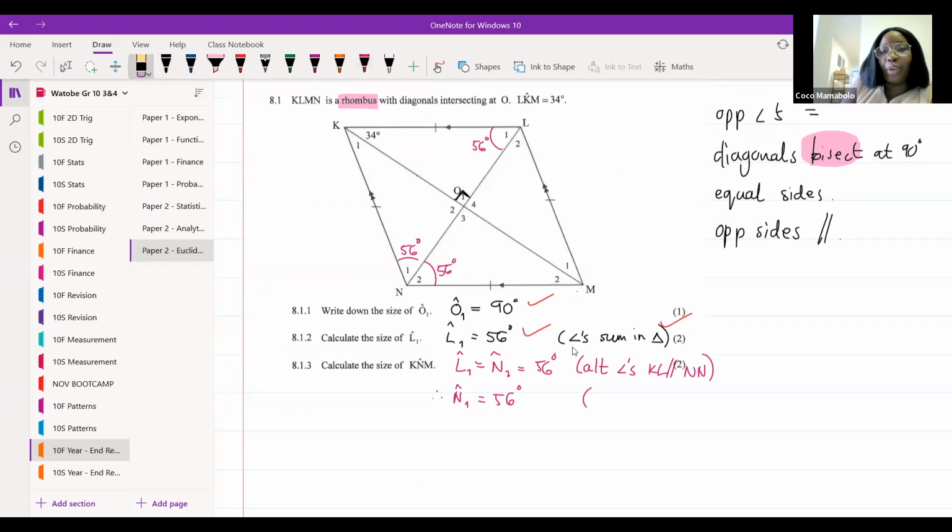If we go with what Isayan has said, that one and that one are equal to each other, 100%. Teacher Coco says this one is also equal to 56 degrees by default. Why is that? Yes, we can say it's the same angle, but that doesn't explain it 100%.